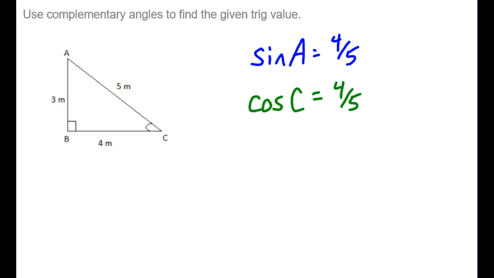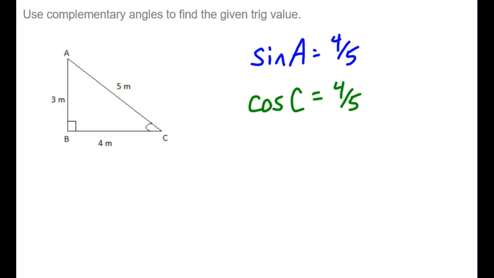Those two values, as you can see, are equal to each other, and this will always be true. The sine of one acute angle is always going to be equal to the cosine of the other acute angle in a right triangle.